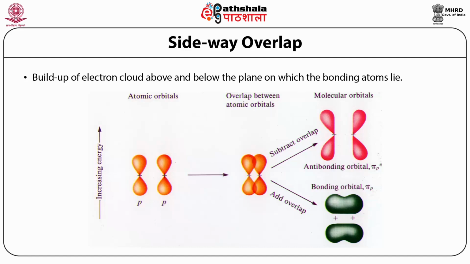So if they have the subtract overlap shown by the upper figure, that is the pink one, then it is represented by the anti-bonding orbital pi p star, and if they have the add overlap shown by this green one, that is the bonding orbital represented by pi p.